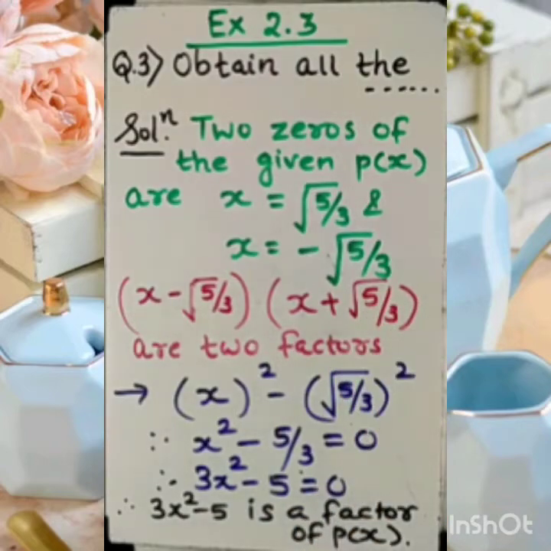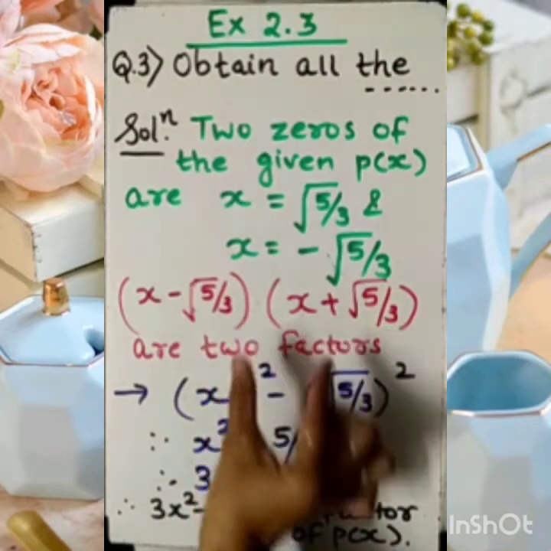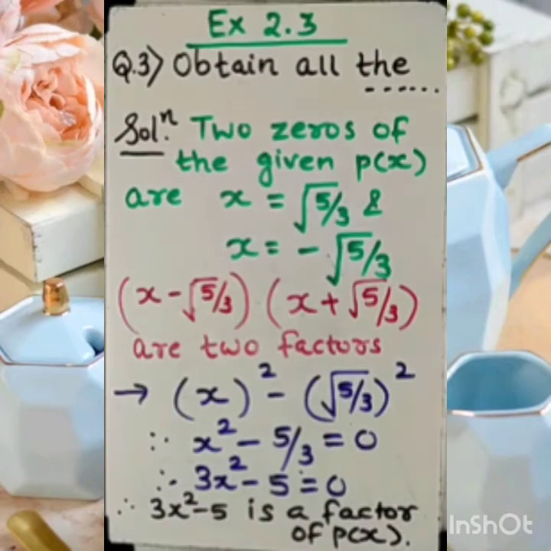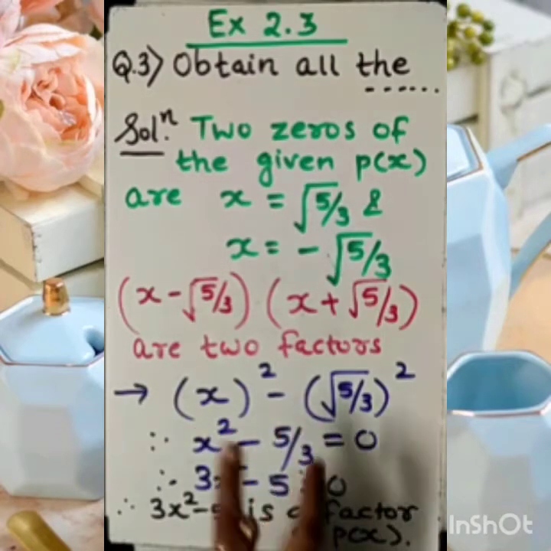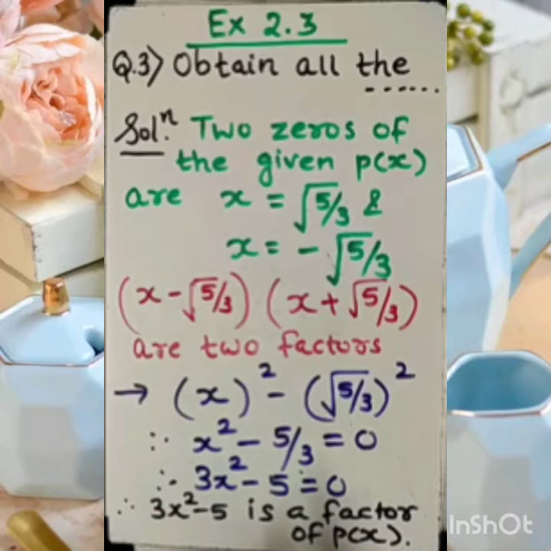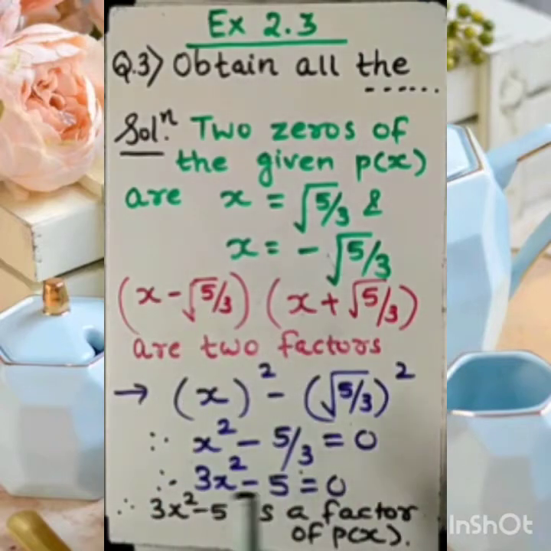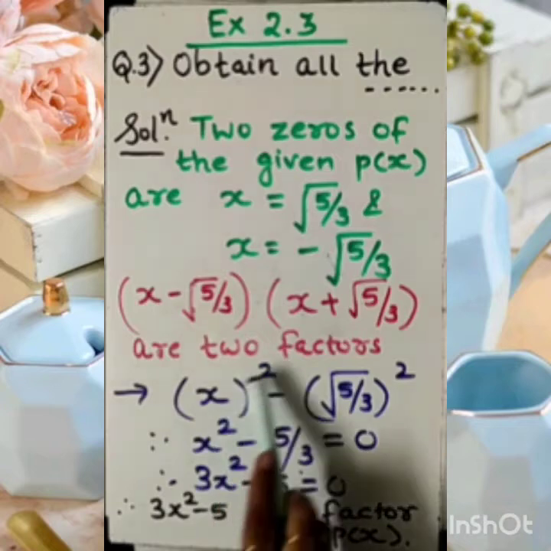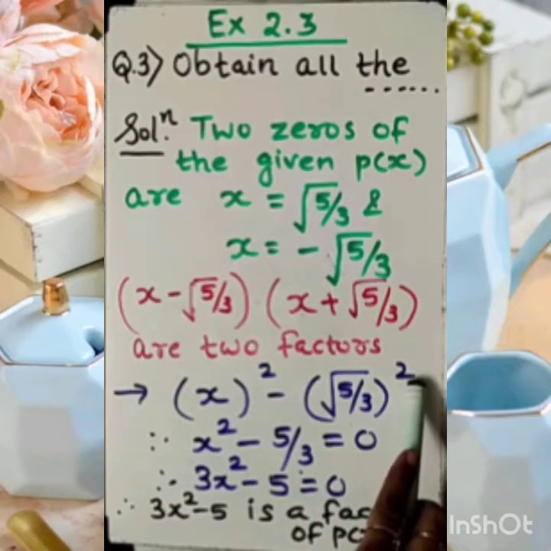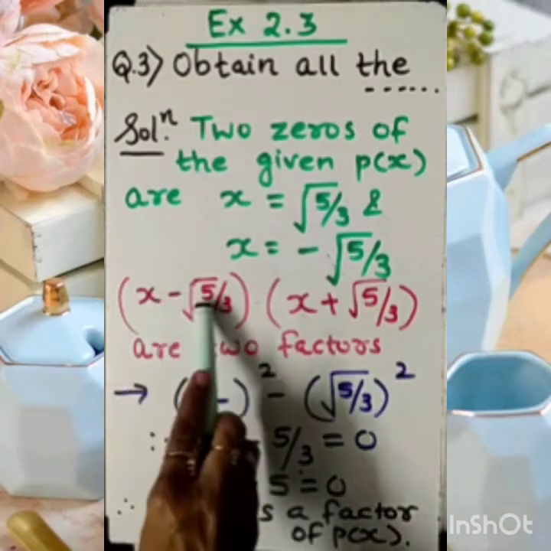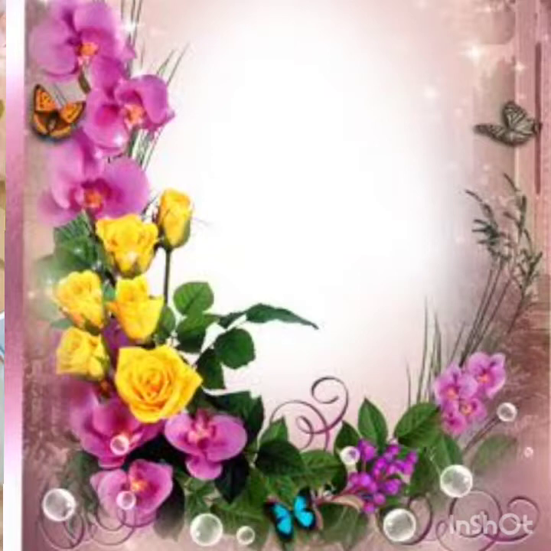Now again I am going to multiply both of these factors. Here I am applying the identity for these two factors. The third identity, as you know, a square minus b square equals (a minus b)(a plus b).